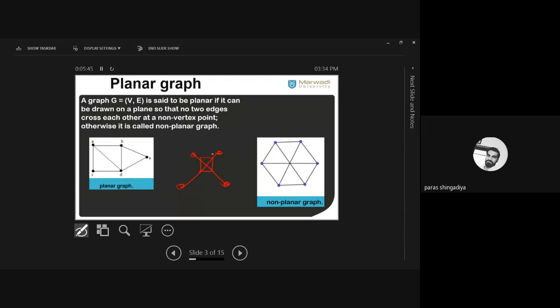There is no vertex at that place, okay? So this place is called a non-vertex place. Now two edges cross. Clear? And this place is called a non-vertex place. Why is it a non-vertex place? Yeah, there are only 4 vertices in this graph. This graph has four vertices, okay? And at this place the two edges cross, and here there is no vertex. So this place is called a non-vertex point.